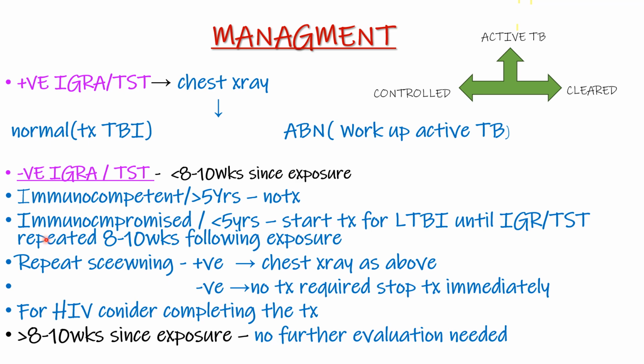If our patient is immunocompromised, then you start treatment for latent TB until you repeat the TST and IGRA 8 weeks to 10 weeks following exposure. Reason behind is that this delayed immune response develops 3 to 8 weeks after the exposure.